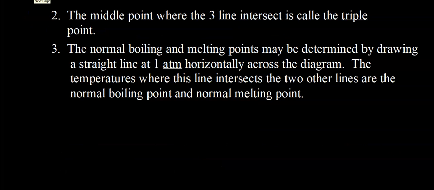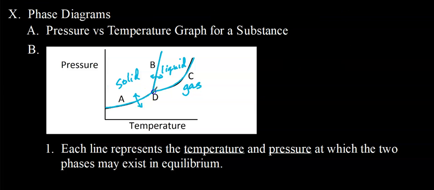The middle point, so let's go back here. This middle point, label D, where all three lines intersect, this is where the substance exists simultaneously as a solid, a liquid, and a gas. This is known as the triple point. If you look in the textbook on page 432, the triple point for water occurs at a very low temperature, just above zero, so 0.01 degrees Celsius.